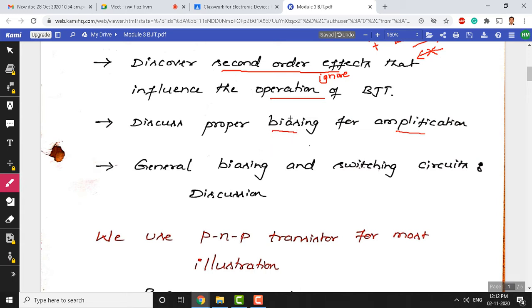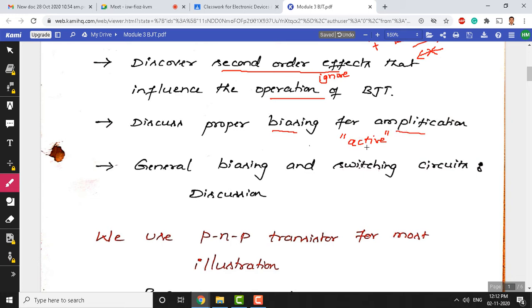By using biasing, you can operate BJT in different regions of the characteristics. When you want to operate BJT as an amplifier, you must operate it in the region called the active region. The active region is the region that suits the BJT to work like an amplifier.